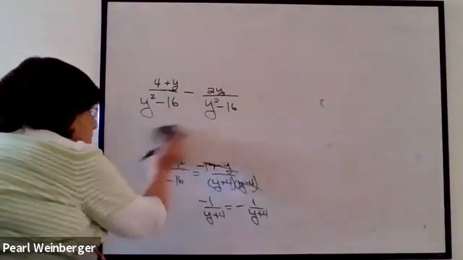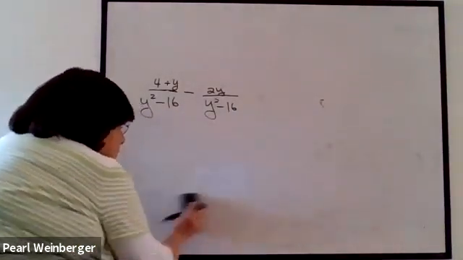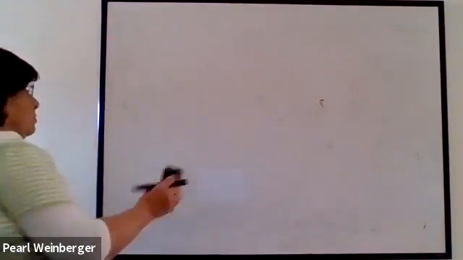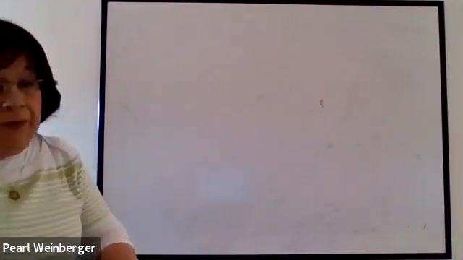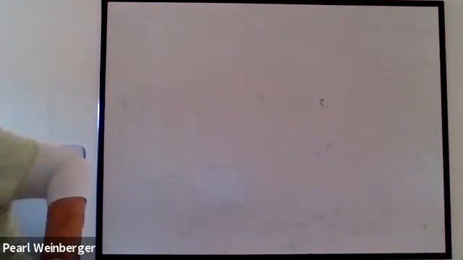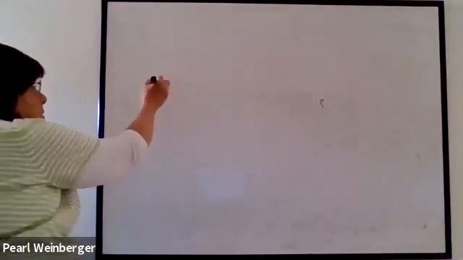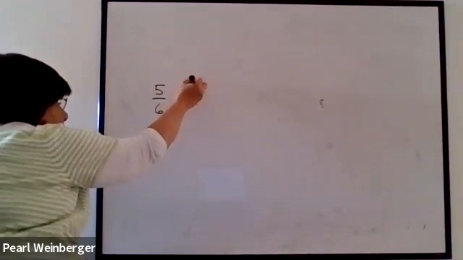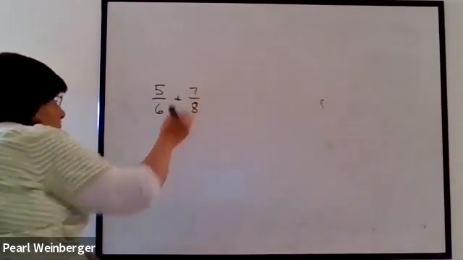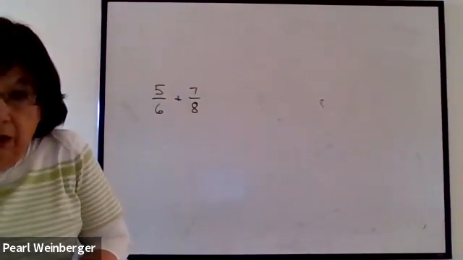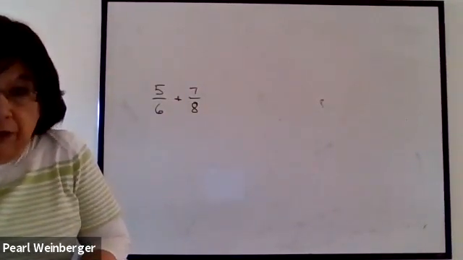All right, so now let's just look at how we would add two fractions, regular number fractions. You should remember this from probably 5th or 6th grade, but I'm just reviewing it so that when we get to our rational expressions, we'll be able to figure out what to do when our fractions don't have the same common denominator.